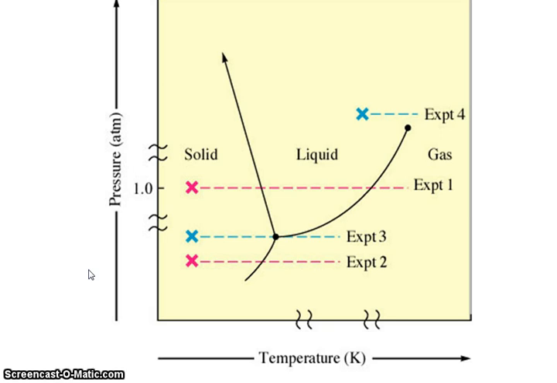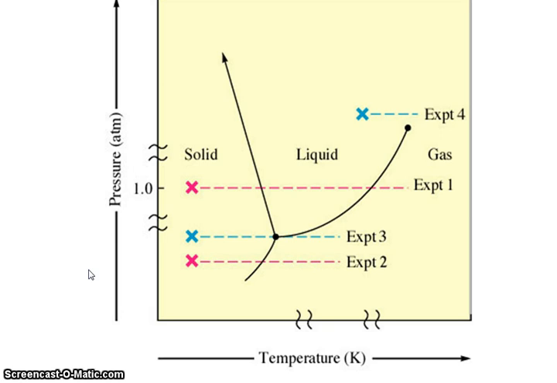Above the triple point, if we continue to increase the temperature, our substance will be all gas. So in experiment 3, we start out with a solid. We get to our triple point where all 3 states exist at one point, and above that we have all gas.